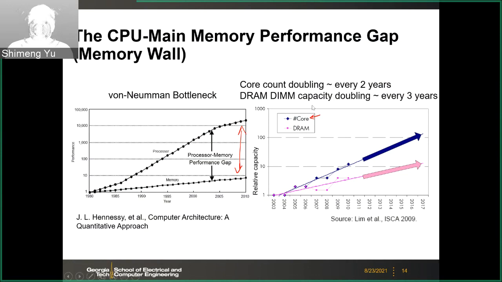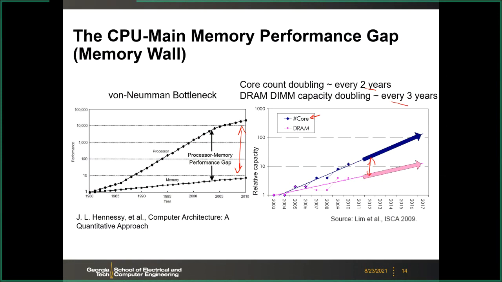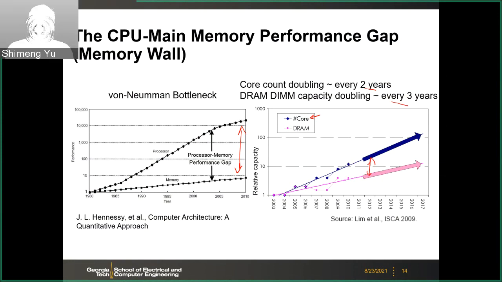But the DRAM capacity doubles every 3 years. That means the number of cores outpaces the DRAM capacity. So the system can run very fast, but you don't have enough bandwidth to provide the data. This creates the memory wall problem in the memory hierarchy.